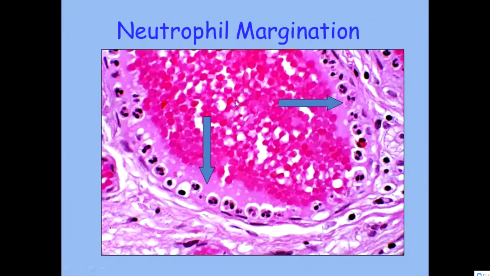RBCs will go to the center, neutrophils will come to the periphery, and they will marginate. These are the first line soldiers, just like they guard the country at the fort. The neutrophils are the first line soldiers. They will march along the endothelium.